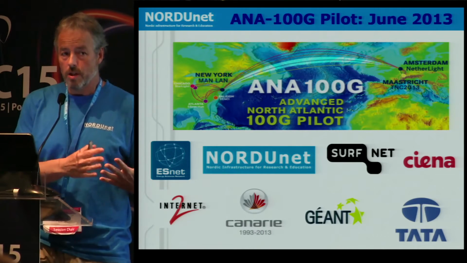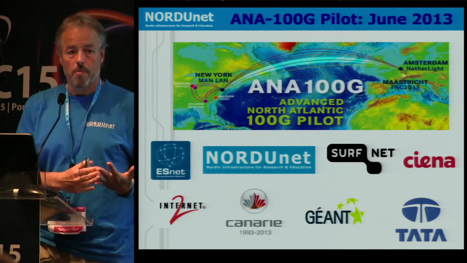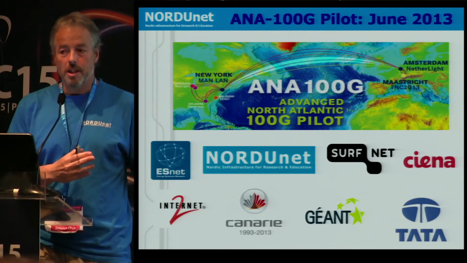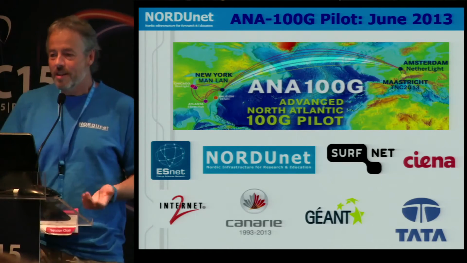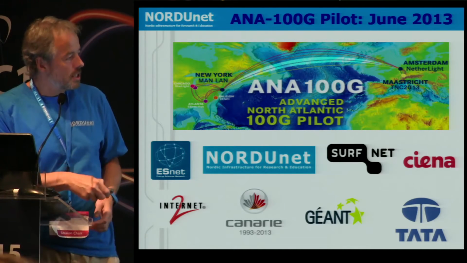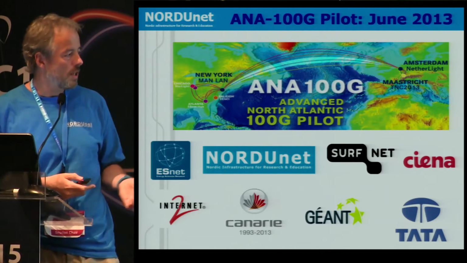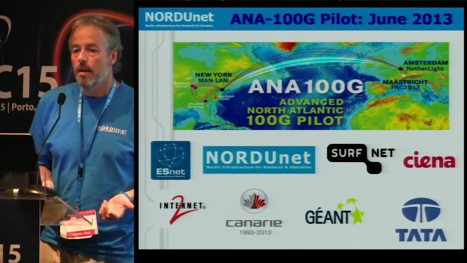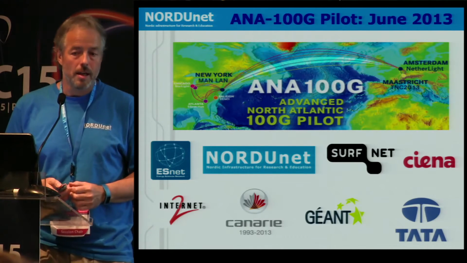And I just said 2 days before iGrid 2001 we got the 10 gig up and running. This was the night before TNC. We got the 100 gig up and running. So you need events like this to have a deadline to work against. 6 NRENs participated in this pilot: ESnet, NORDUnet, SURFnet, Internet2, CANARIE, and GÉANT. And these 6 NRENs were the driving force behind making this happen in time.